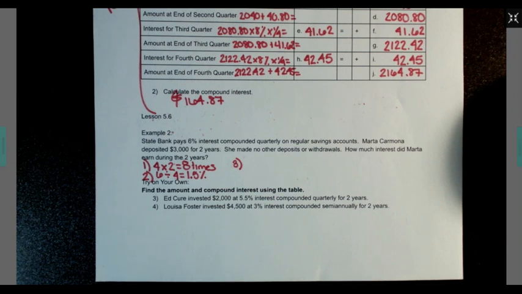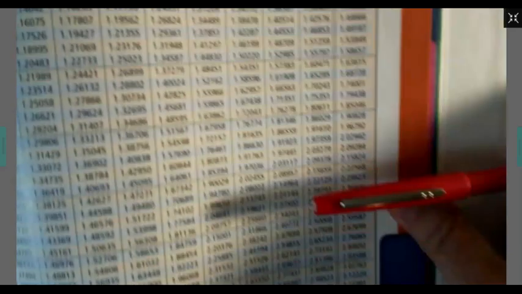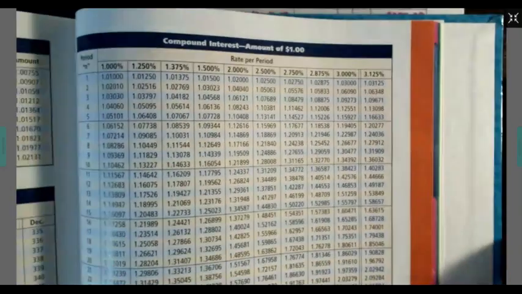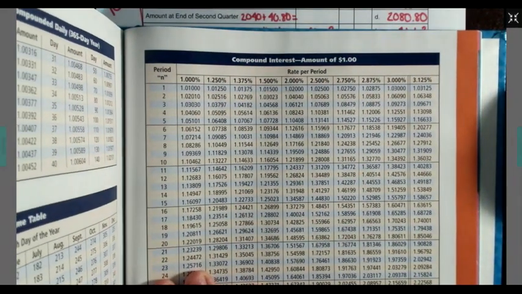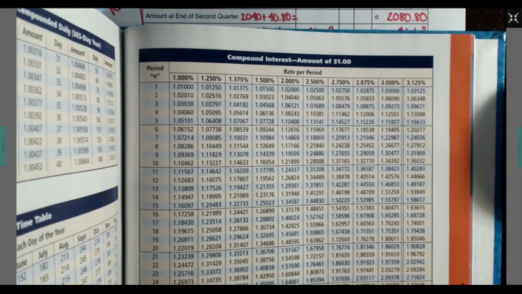So we're going to go to A11 in the back of my book. A11 is like an orange edged paper. Now, the number of periods was what we found for number 1.